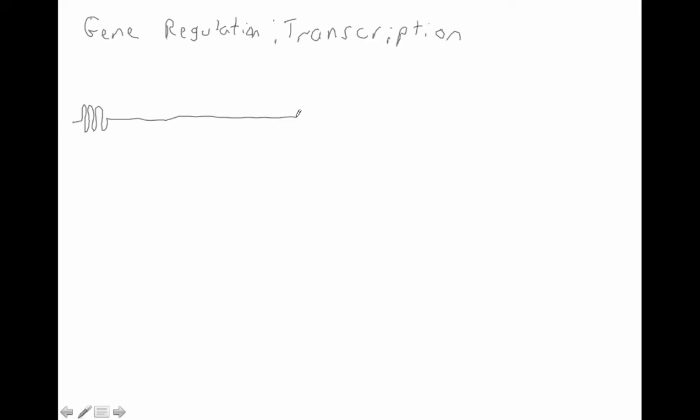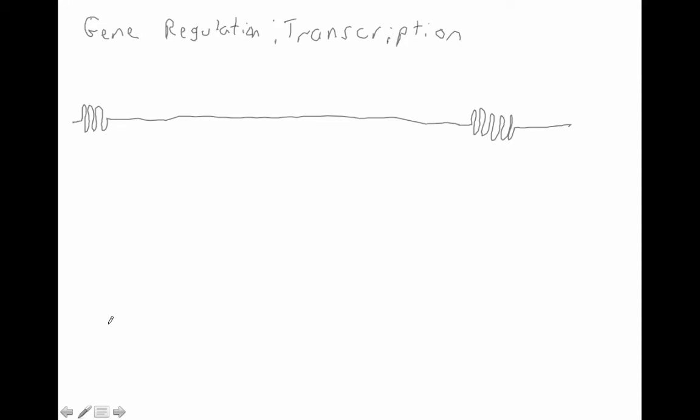Okay, let's talk about gene regulation at the level of transcription. So we have our gene, and it's just been released from the chromosome, so to speak, unpackaged because of the histones falling off. And so, if we want to, we could draw what we had on the last slide, with this part of the chromatin still being tightly packaged, and our gene of interest that we want to activate right here.